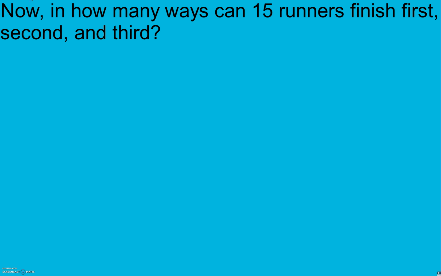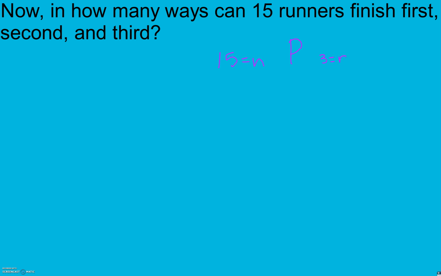Now, in how many ways can 15 runners finish first, second, and third? So our number of runners here is going to be 15. That's our total number. The order matters. It's not just which ones are top 3. It's which one is first, then second, then third. So order matters, so we're looking at a permutation, and we need 3 people that we're picking.